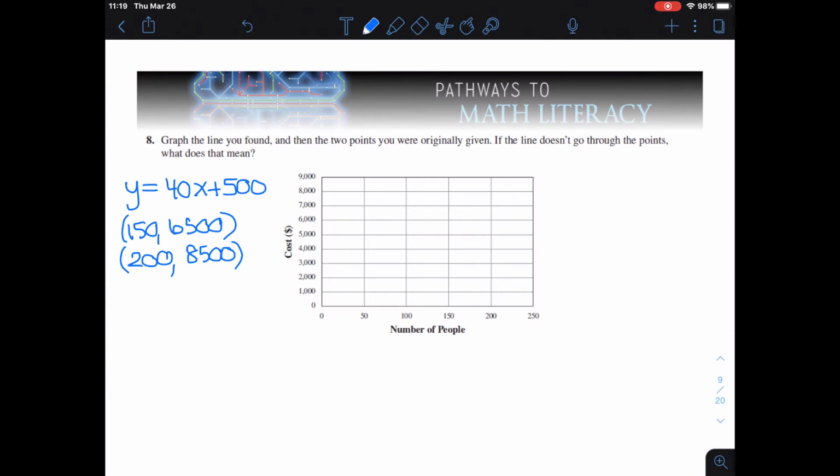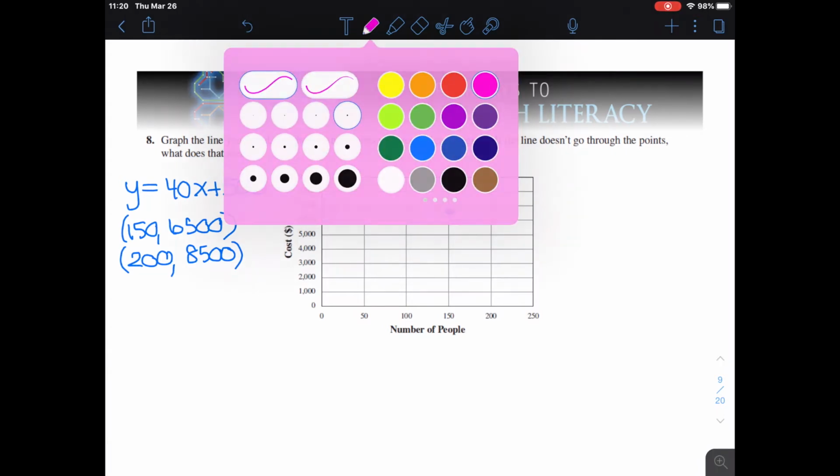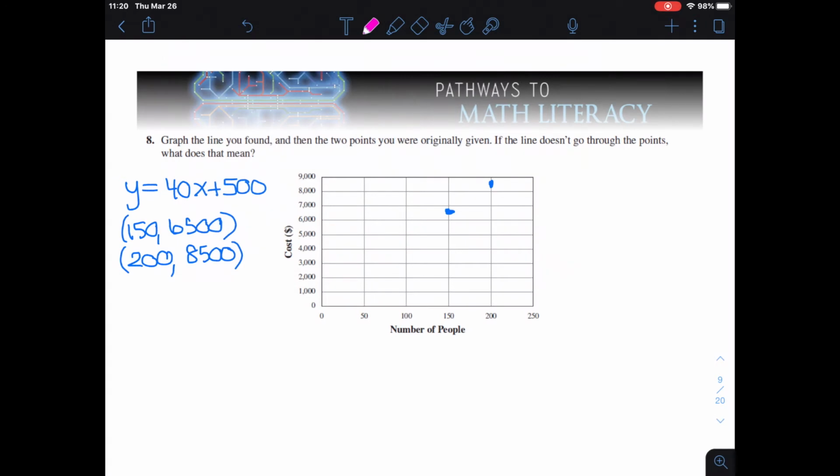So I'm going to plot the 2 points first. When we have 150 people, the cost was going to be 6,500, and 200 people is 8,500. Now I'm going to go ahead and plot the line like we normally would. We start when we have no guest at $500, and then it's going to go up by 50 each time. So we go ahead and we connect all the dots together, and this is the graph of our line.